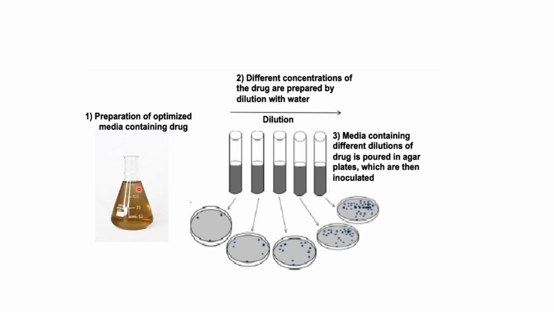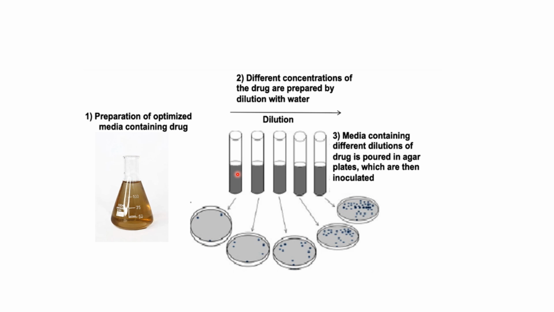To this known concentration of media containing antibiotics, we will mix water so that we will get different concentrations of antibiotics in different test tubes here. And the media containing different dilutions of drugs is poured in agar plates, which are then inoculated.